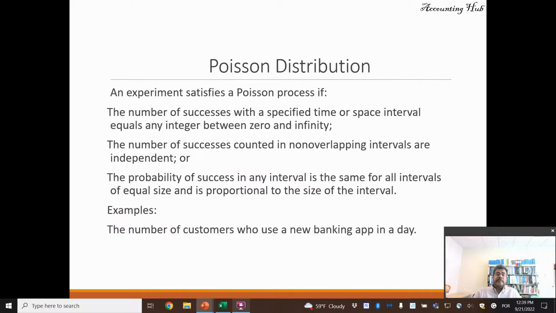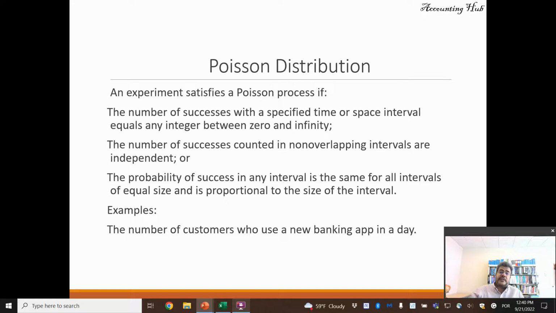An experiment satisfies a Poisson process if the number of successes within a specified time or space interval, number of days for instance, equals any integer between 0 and infinity. So, for example, the average number of customers that go into a business is 35, 40, but cannot be negative. So, between 0 and plus infinity.